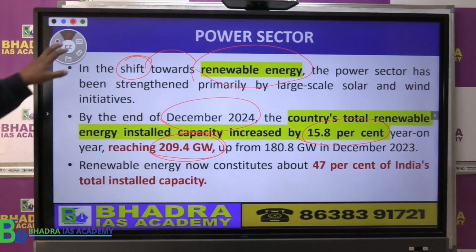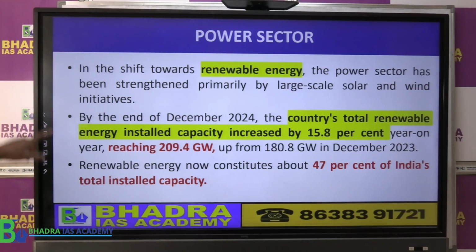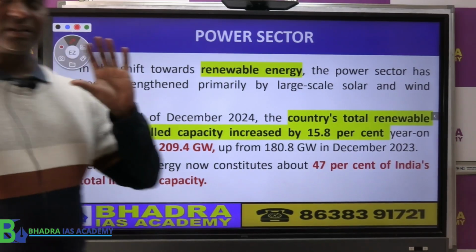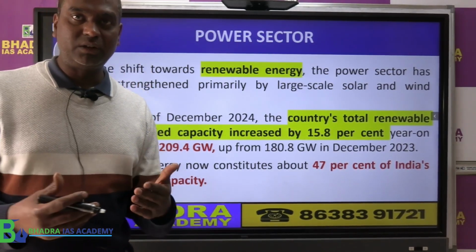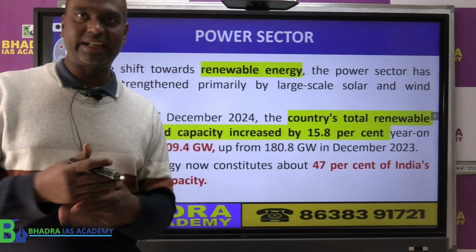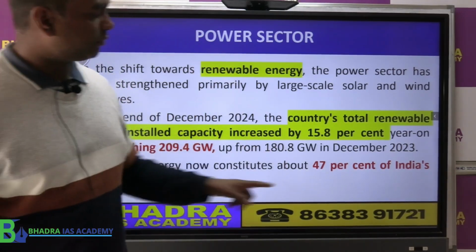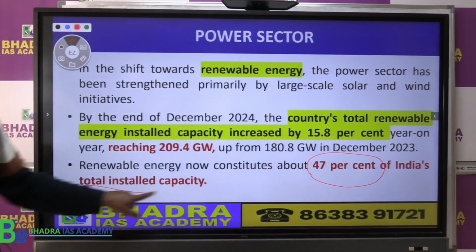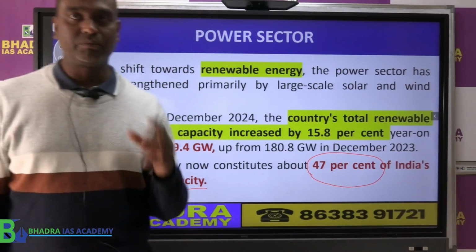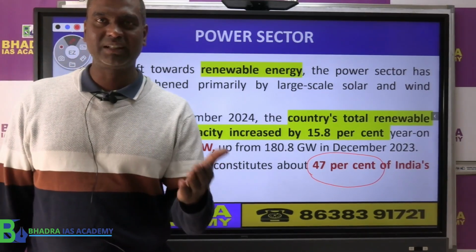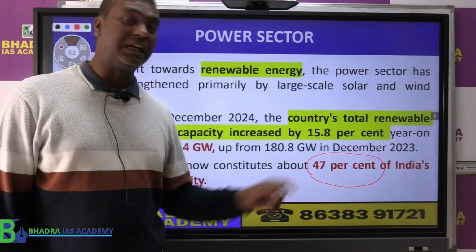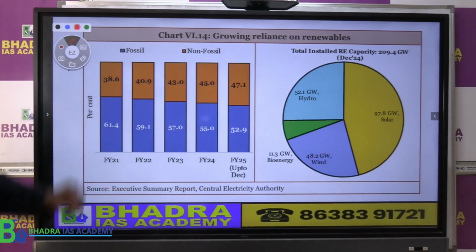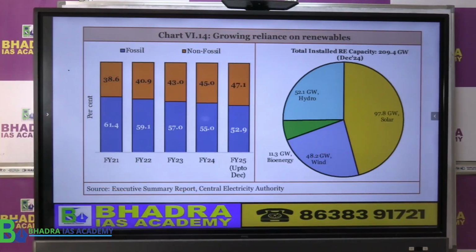Another important thing I noticed in the Economic Survey: how much is the percentage of renewable energy in total energy? It is 47% of India's total installed capacity, which means almost half of our installed capacity is now renewable energy. For that, they have given a diagram which I thought might be useful for you.